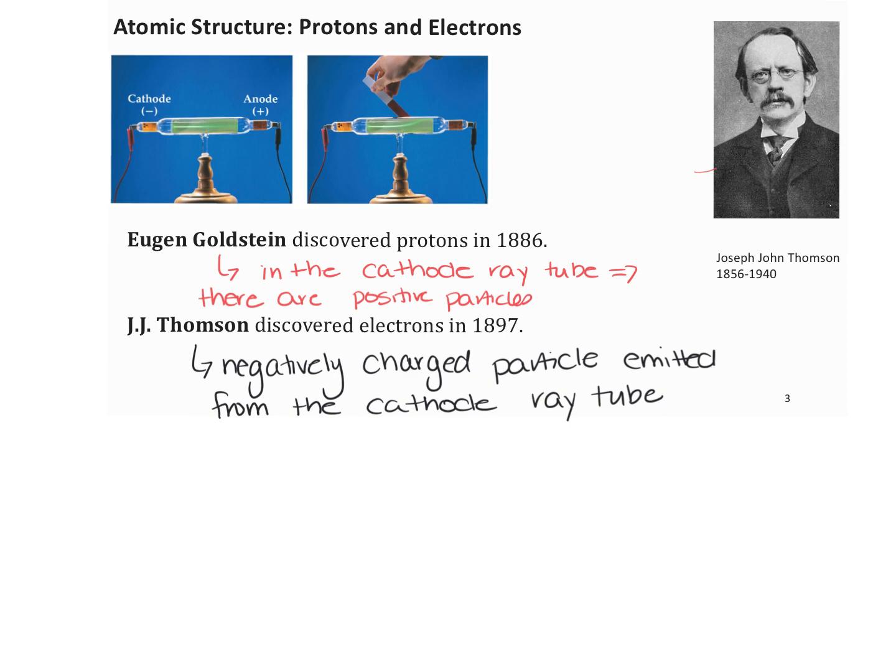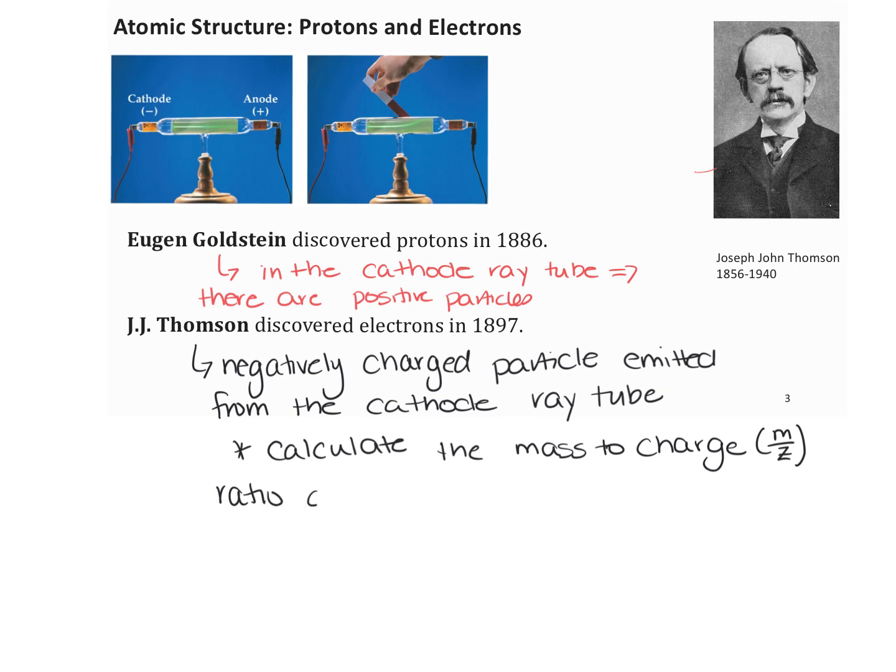So he was able to adjust electric and magnetic fields to balance out the deflections. And so because he was able to balance that, he was able to calculate the mass to charge ratio, which is a lot of times abbreviated as M over Z, of the particle, right?